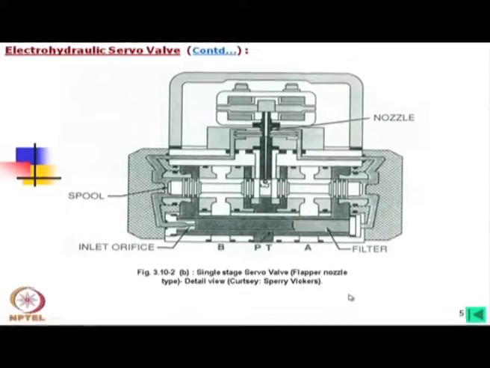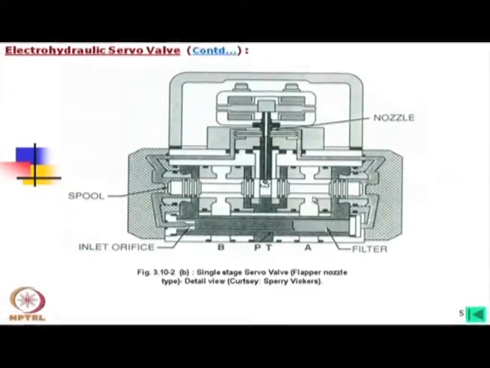Now, this is a more detailed view of such a single stage servo valve. Here what we find is that this is the drive system and this is the feedback system, but only one stage is there.